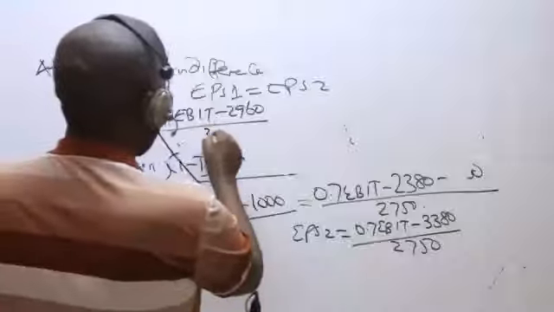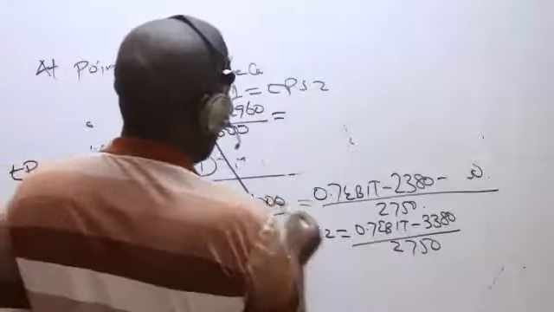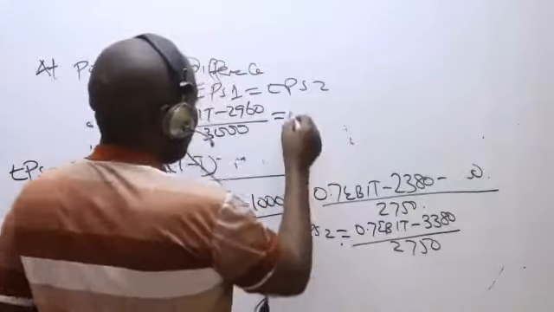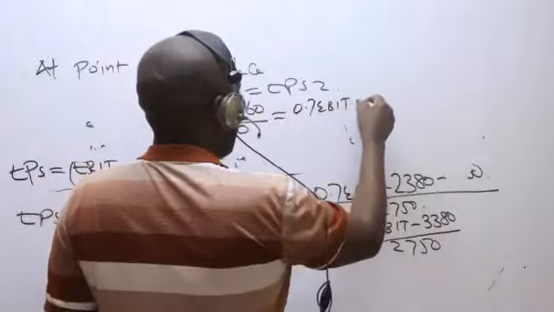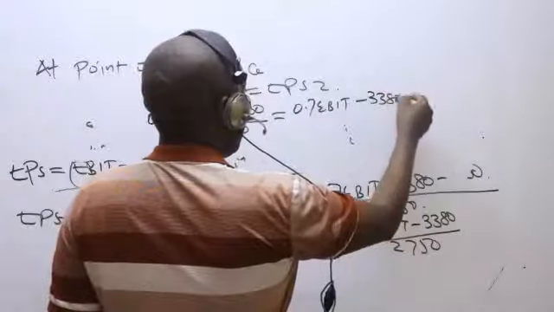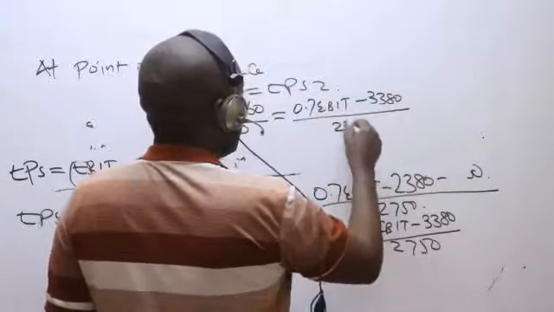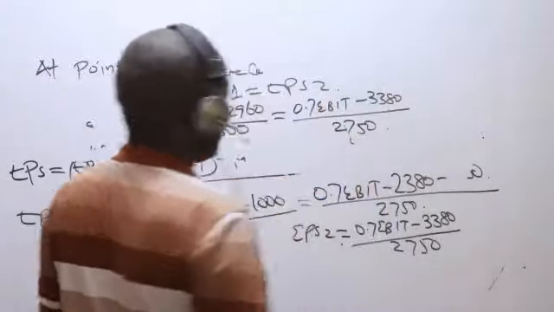This will be equal to EPS2, which is 0.7 EBIT minus 3380, all over 2750.